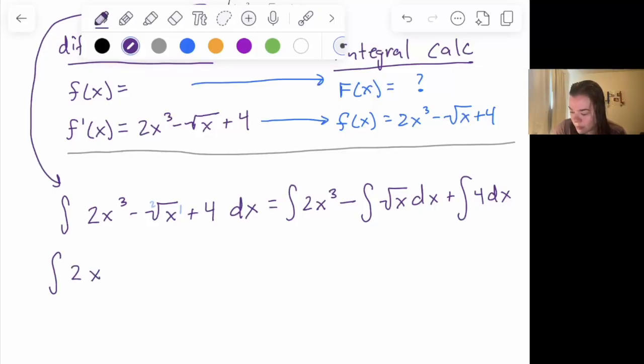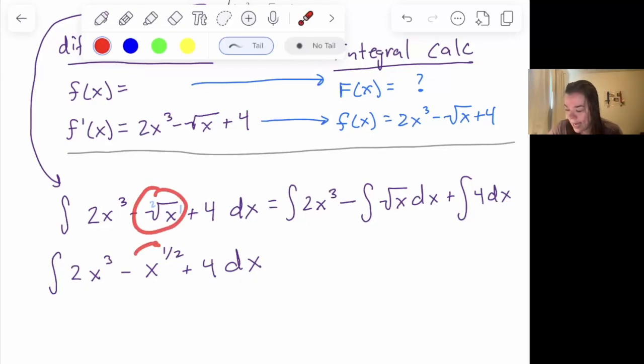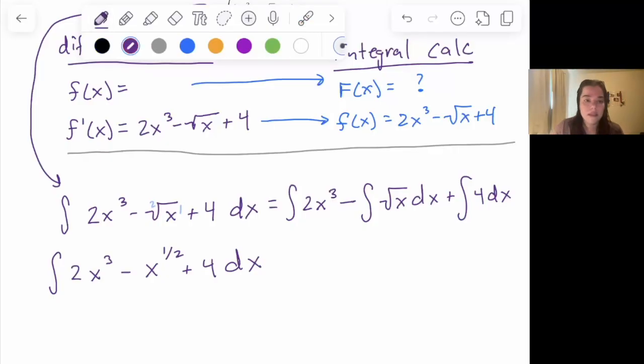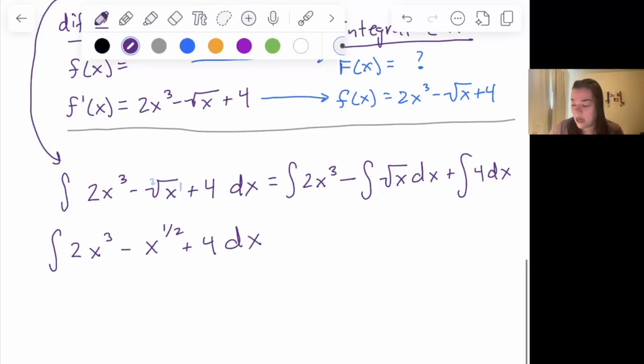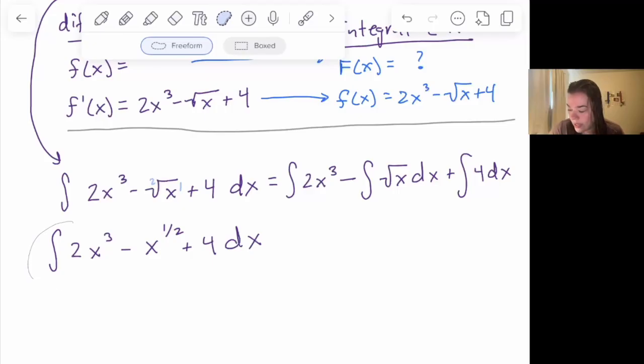So rewriting this problem gives me the following. Remember, when you rewrite from the root form to an exponent form, the exponent on x is the top number of the fraction, and the root index is the bottom number of the fraction when you go to an exponent. So now I've got my problem set up and I am ready to integrate.